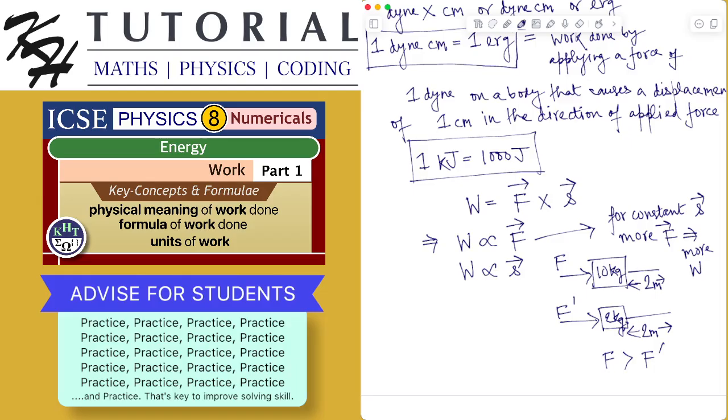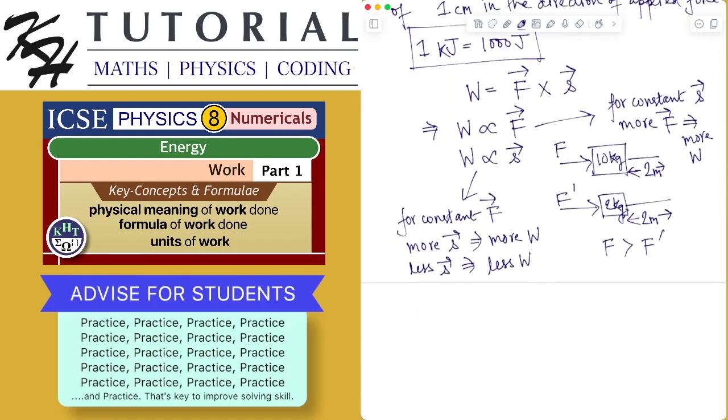Now W is directly proportional to the displacement. This means that for constant force, more displacement will imply more work done, and less displacement will imply less work done.